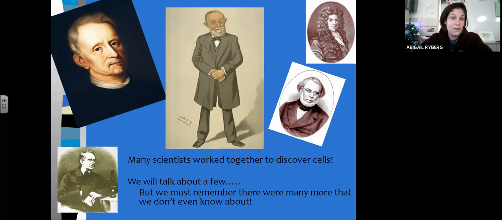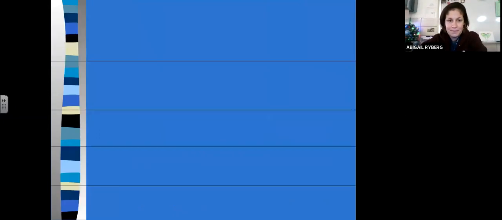We'll talk about just a few, but we must remember that there were many more that we don't even know about, and along the way, a lot of scientists that failed or whose hypotheses were proven totally wrong, which, as you should know now, is kind of the nature of science.